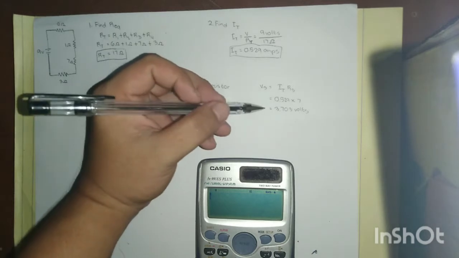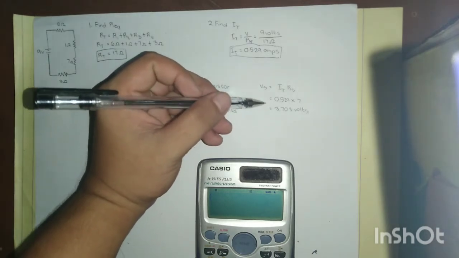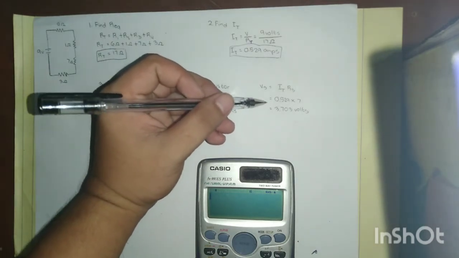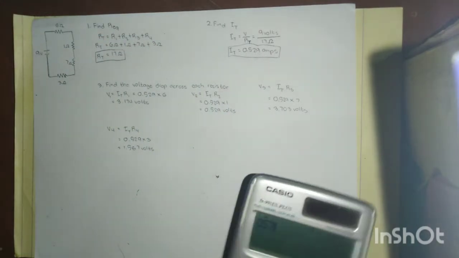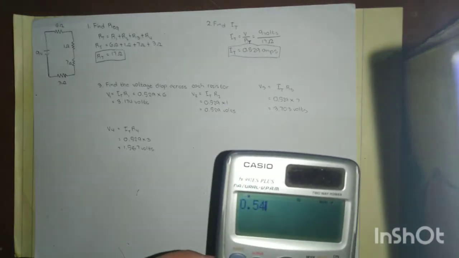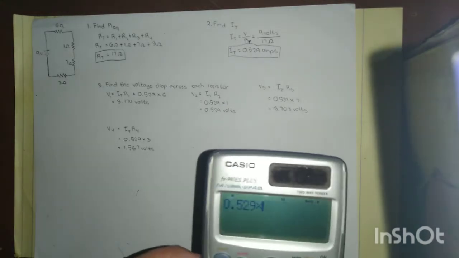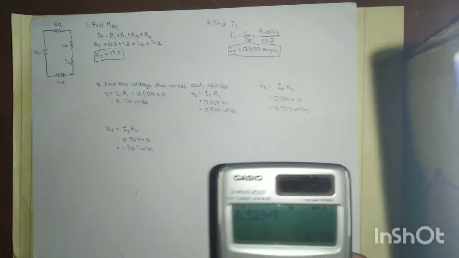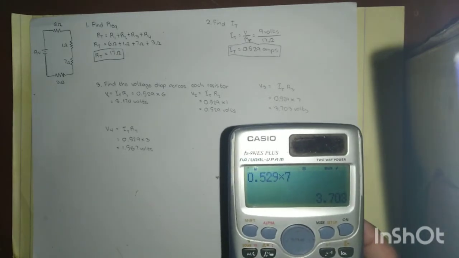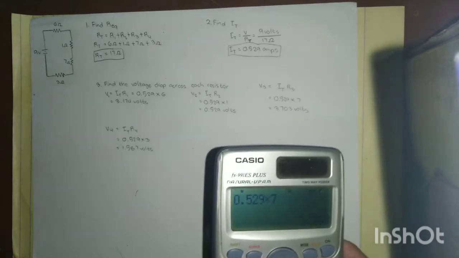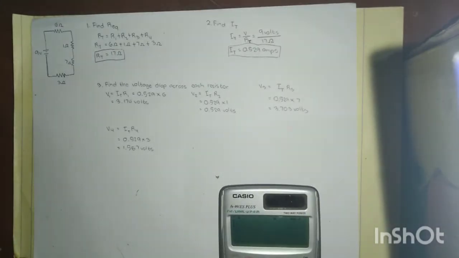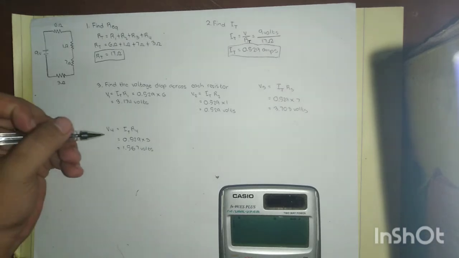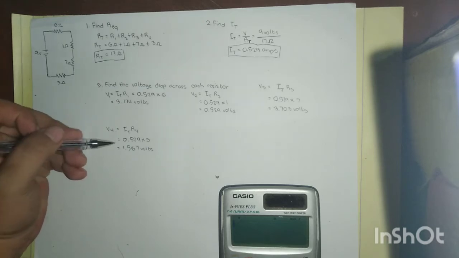So 0.529 amps times 7 ohms is equal to 3.703 volts.